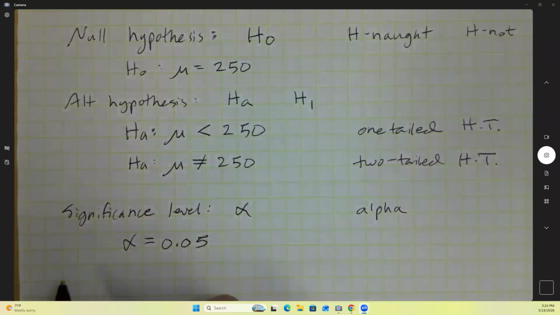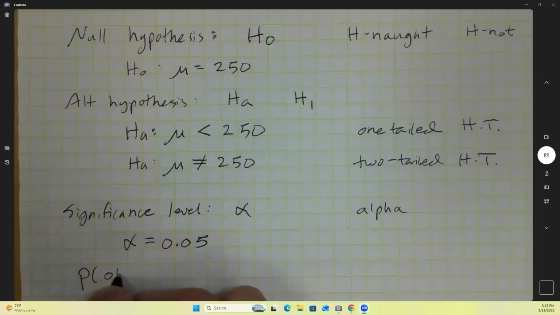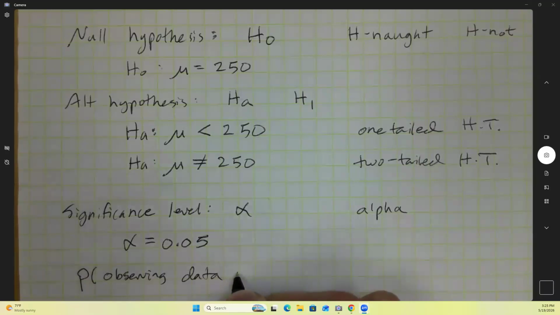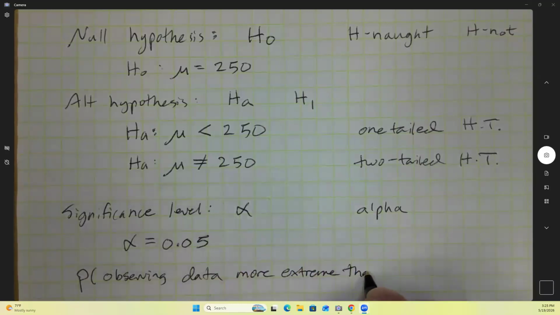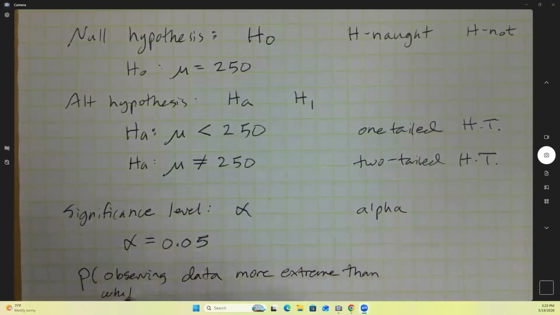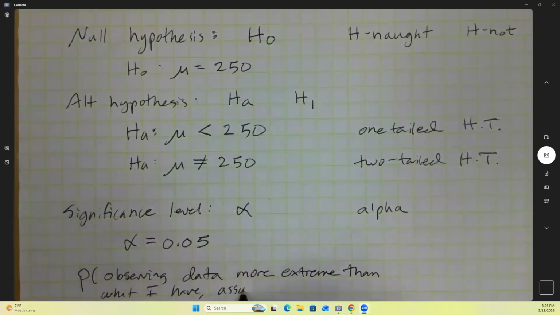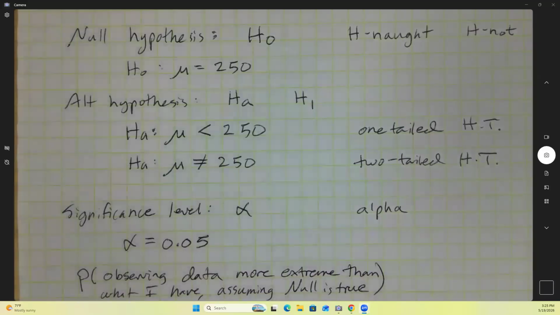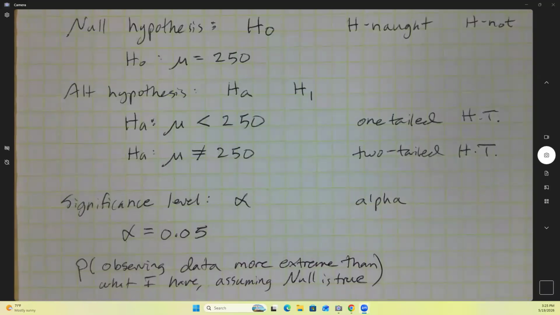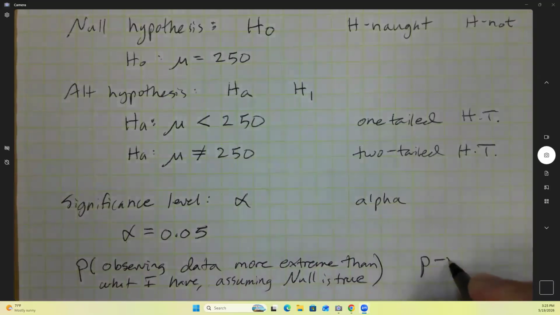And we already talked about the p-value, the probability of observing data more extreme than what I have, assuming the null hypothesis is true. So I'm going to write assuming null is true. In a world where things are boring, what's the probability of observing extreme data? That's called the p-value.